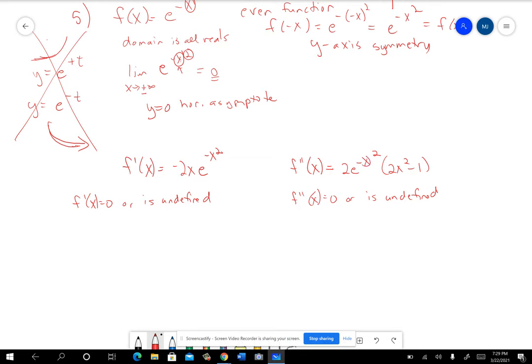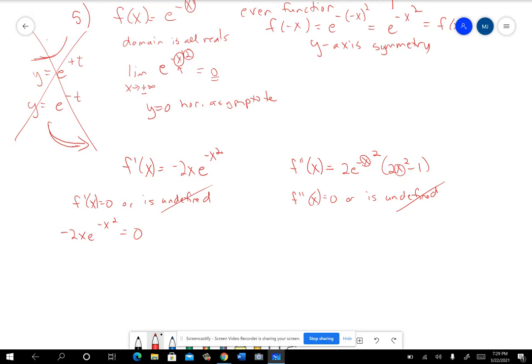But again, there's no issue. You can plug in anything you want there, and it's not going to give you a problem. So we don't really have to worry about that part of it. So we need to know, when is this going to equal 0?